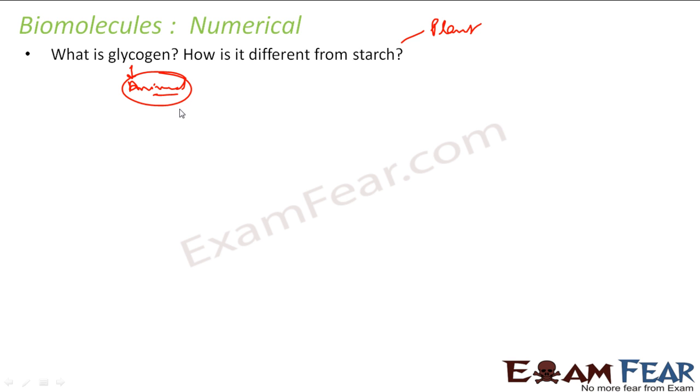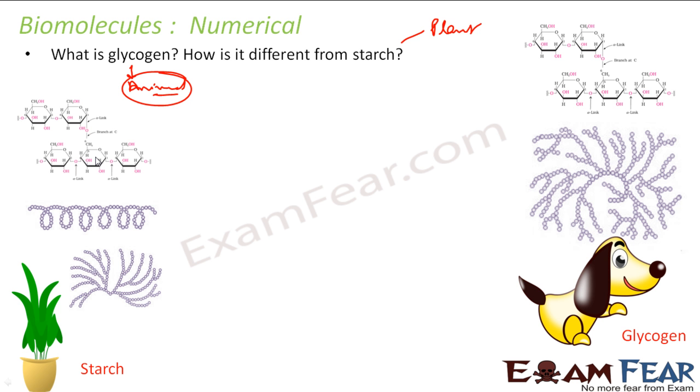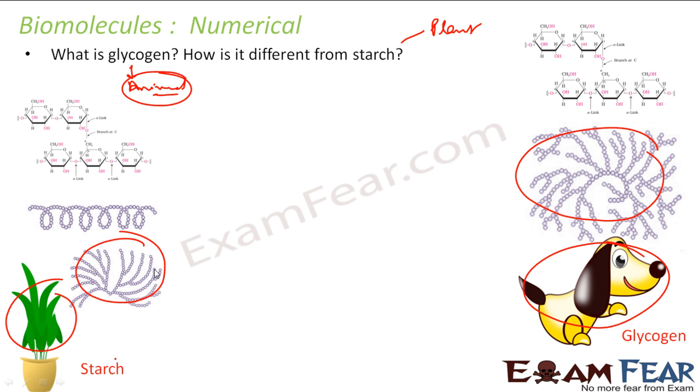The glycogen structure is almost similar to amylopectin, but it is more branched. If you see, this is starch, this is glycogen. Glycogen is mostly used in animals, this is in plants. This is amylopectin, but this is more branched.